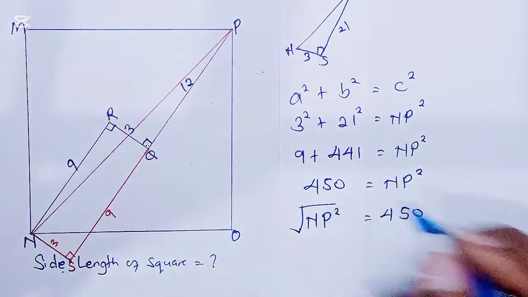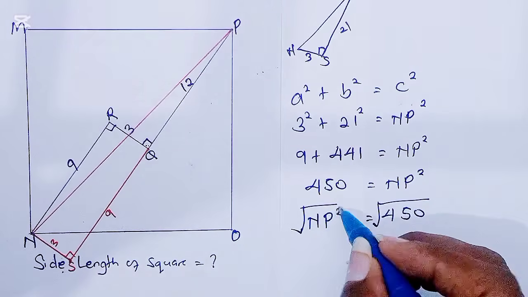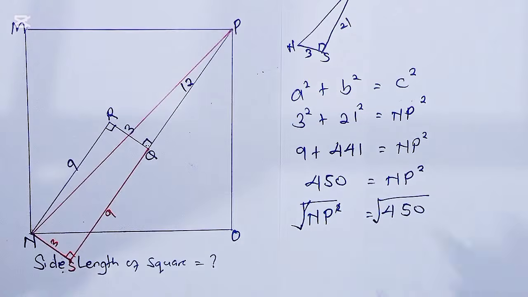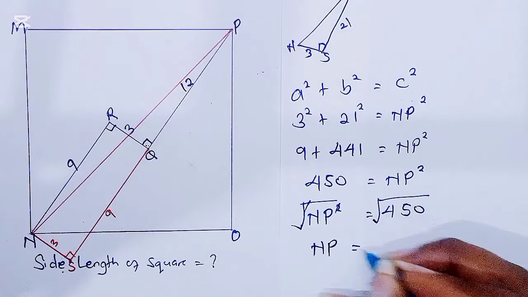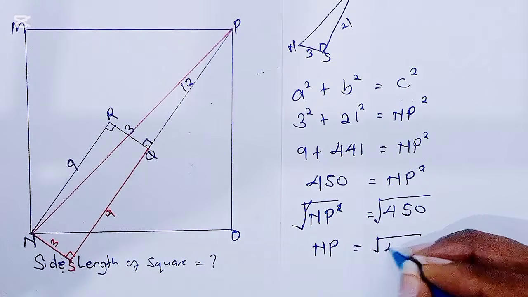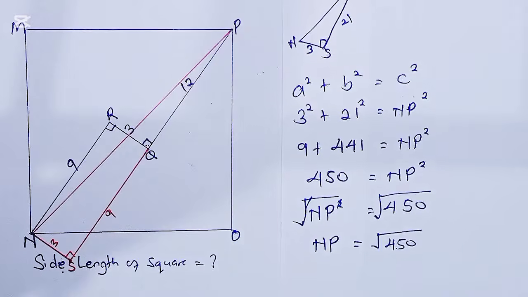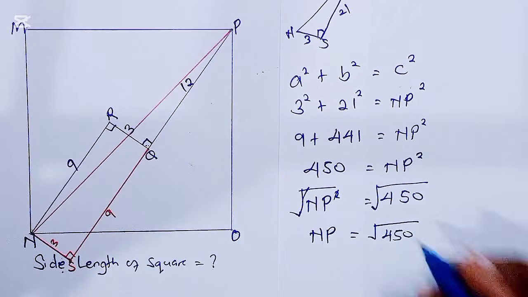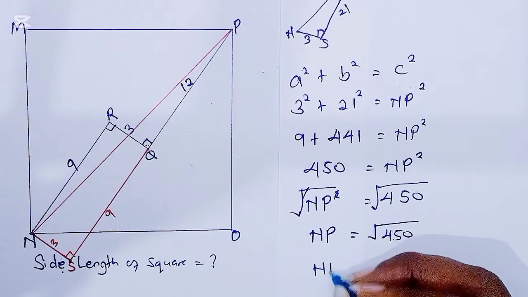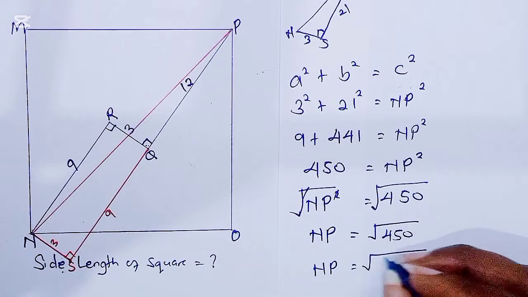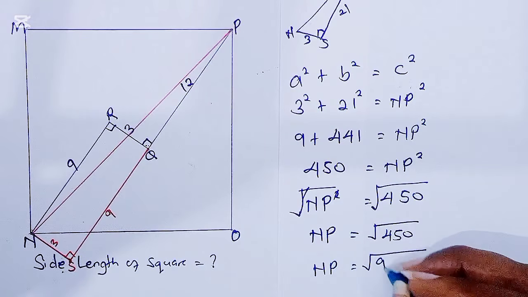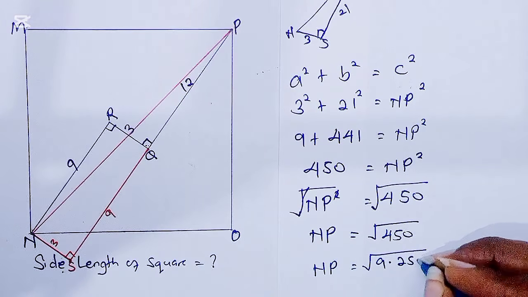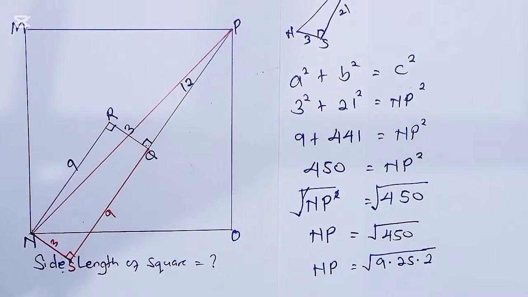450. Find the square root on both sides to get rid of this square. And therefore, NP is equal to square root of 450. But 450 in terms of its factors can be written as 9 times 25 times 2.